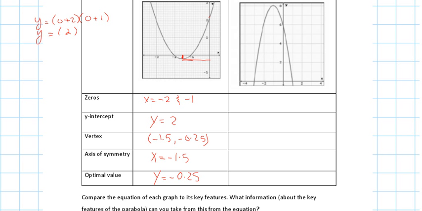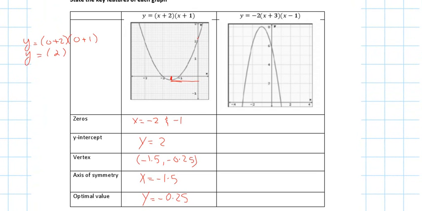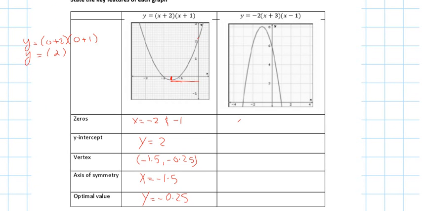Okay, so now we have this one. What are your zeros? It's 1, between 0 and 2.